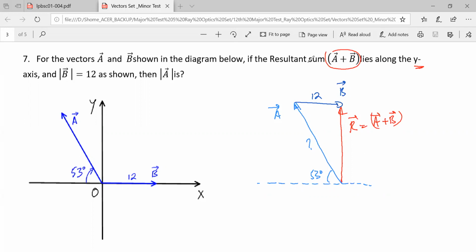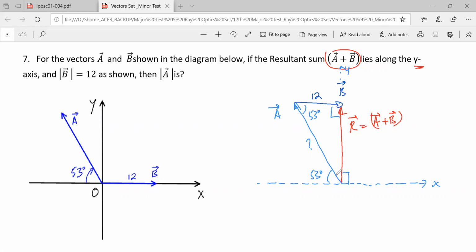If this is along the y-axis, this was the x-axis, that means here this angle should be 90. So this angle is 90. Now you have to find this magnitude. This angle is 53.